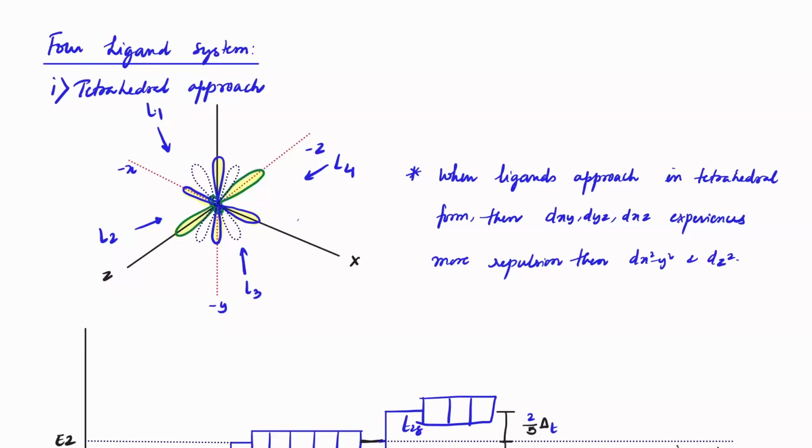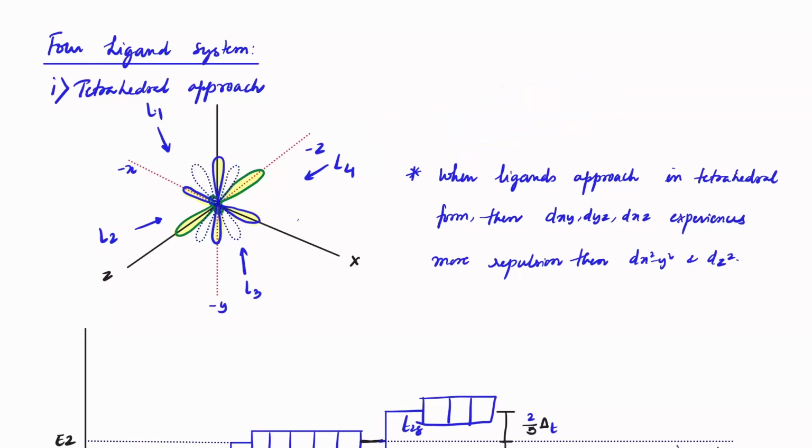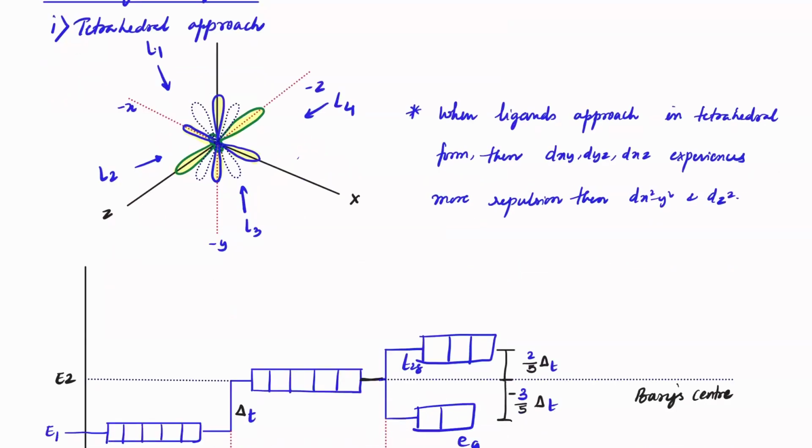Now these orbitals will get lesser repulsions, while the orbitals which are between the axis, like dxy, dyz, and dxz, will experience more amount of repulsions as compared to dx square minus y square and dz square. Correct? So you can see these three orbitals are experiencing more repulsions this time.